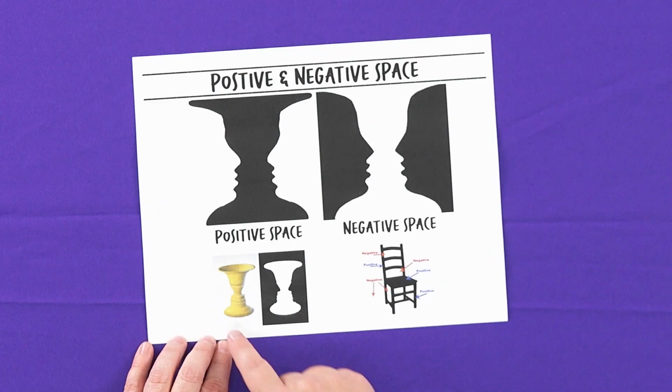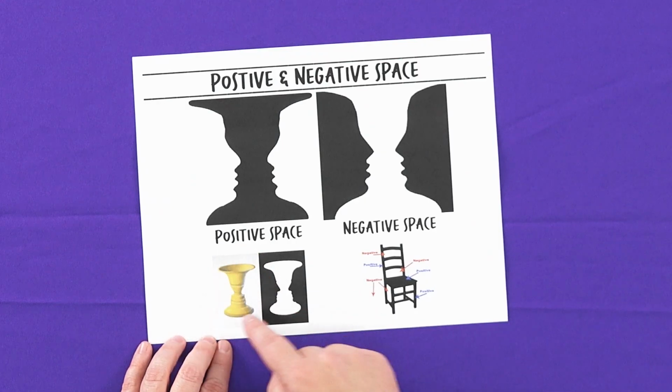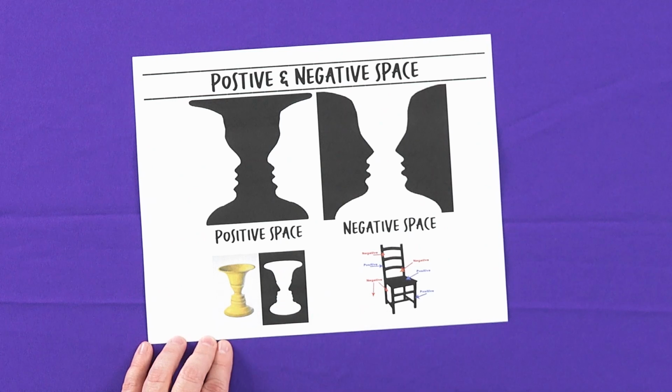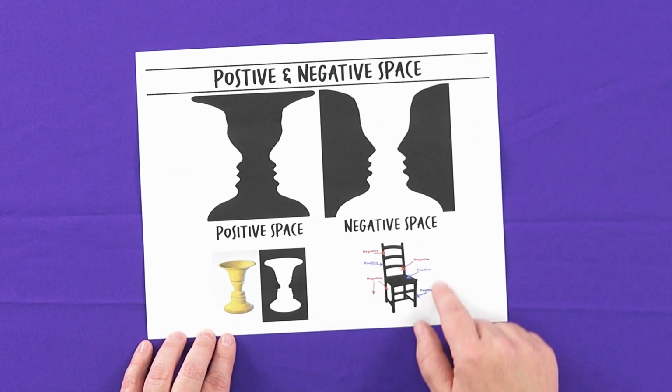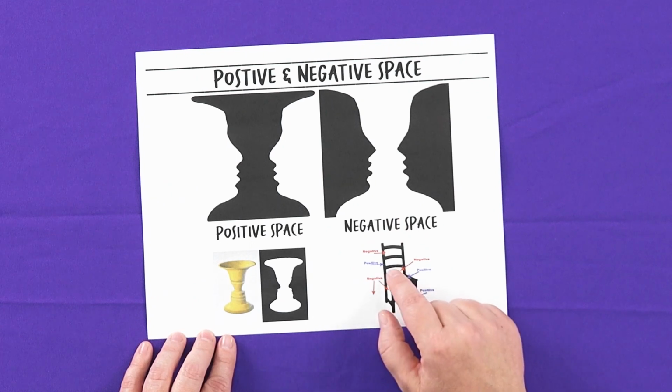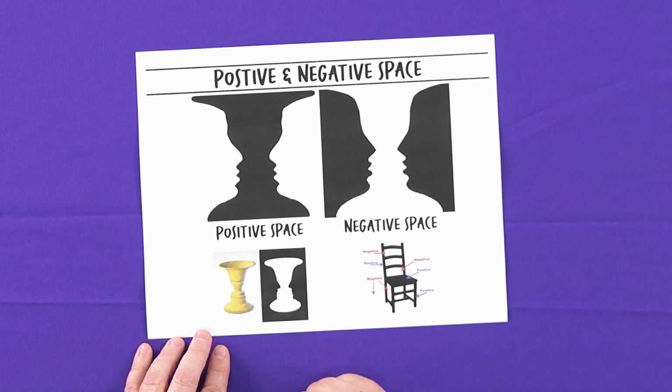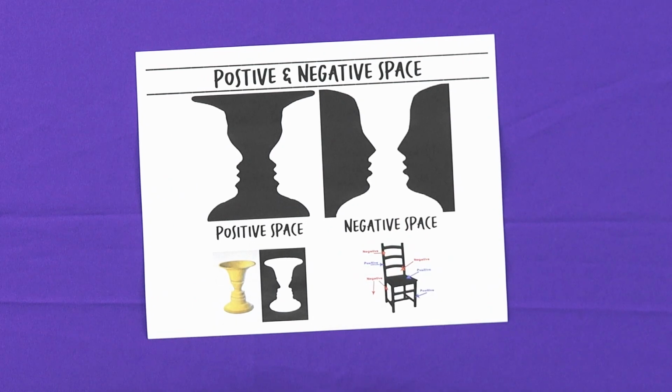When we are talking about the negative space, we are looking for the areas that exist between, around, and within the object or objects that we recognize, such as around here is the negative space, and here is the negative space. Looking at this chair, we also have evidence of the negative space that surrounds, the negative space in between, and the negative space that is throughout.